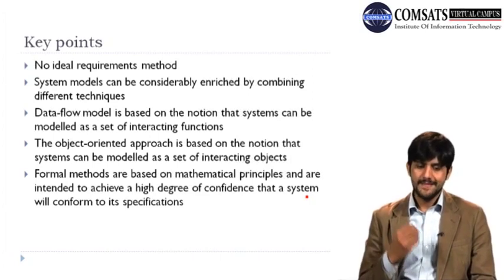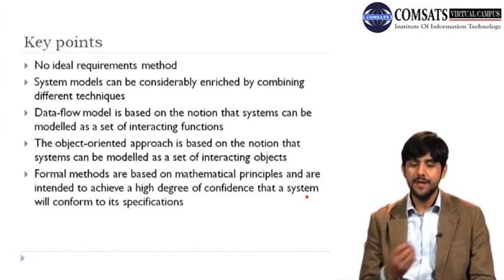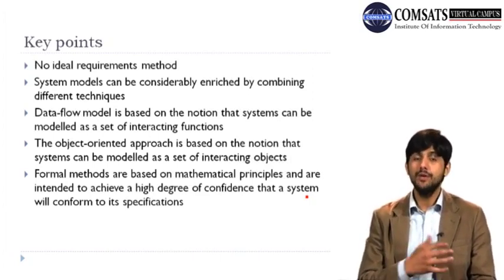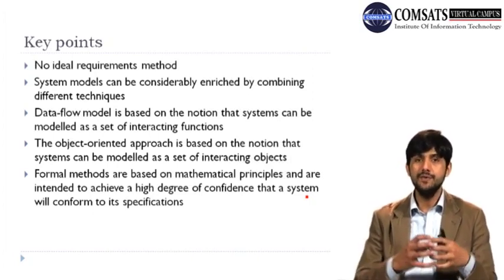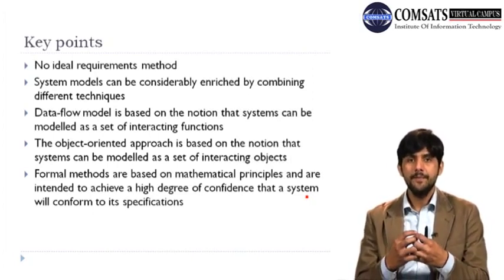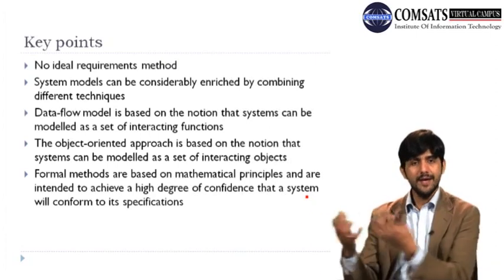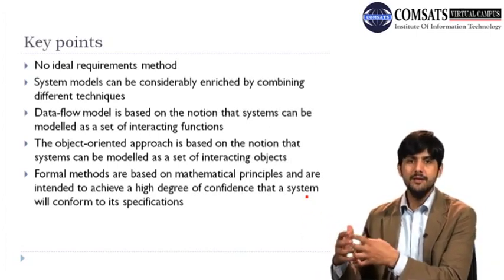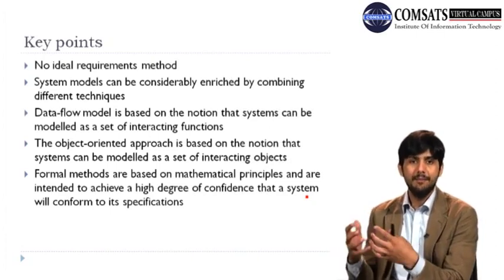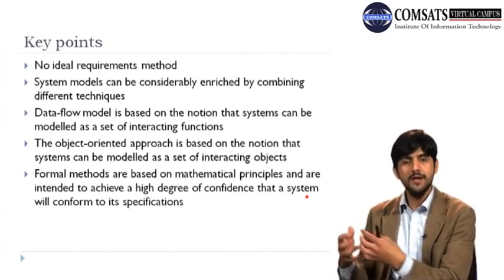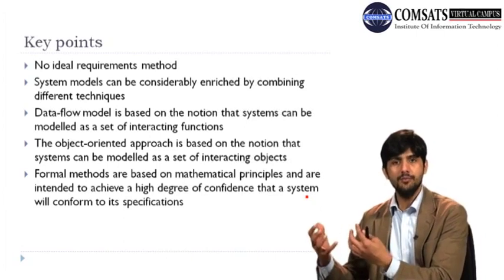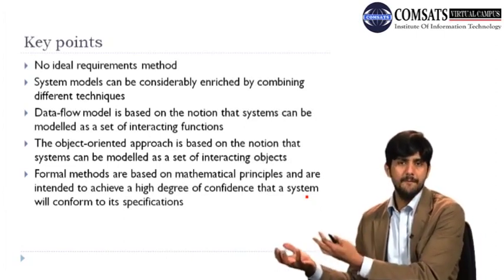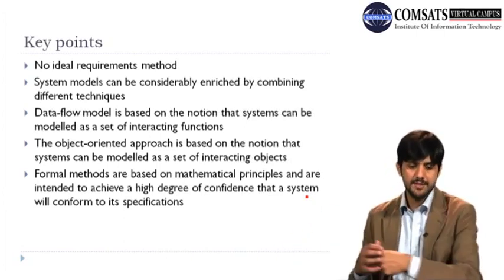System models can be considerably enriched by combining different techniques. If different techniques are used in combination, then we can annotate our model more, and we can put more information into a model. Object-oriented methods are a very good example of that. They have different kinds of models, and by using those different kinds of models, we include more information about our system.